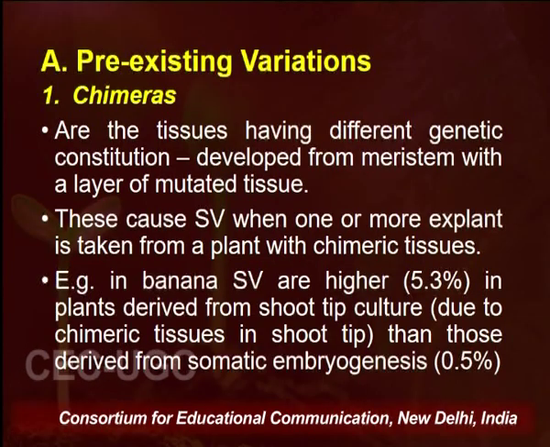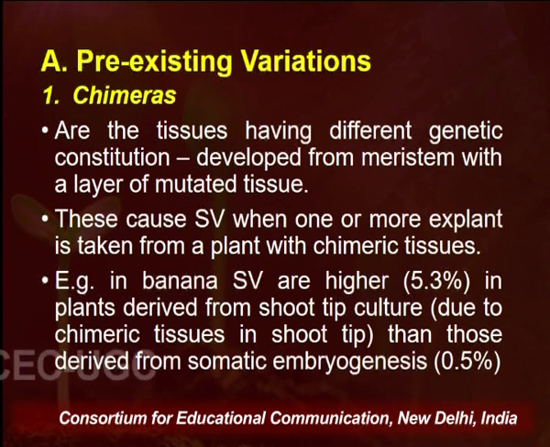This mainly happens when we take one or more explant materials having such chimeric tissues. This is obvious because if you are using an explant which already has cells of different genetic makeup, they will eventually lead to somaclonal variations in the upcoming generations.